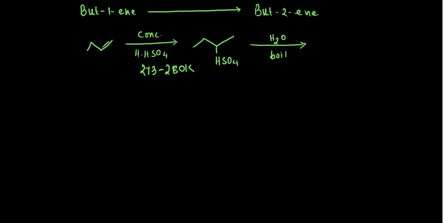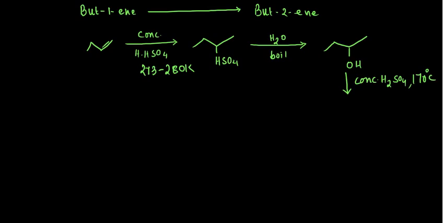Now boiling H2O with it, it will give me an alcohol over here. Now if I want to get my alkene back, then what will I do? I'll employ dehydration. So dehydration is concentrated H2SO4 at 170 degrees Celsius temperature.